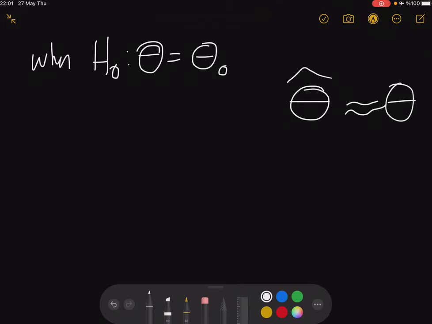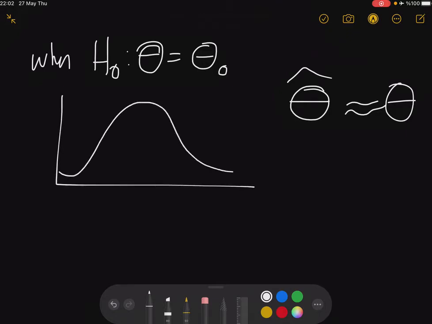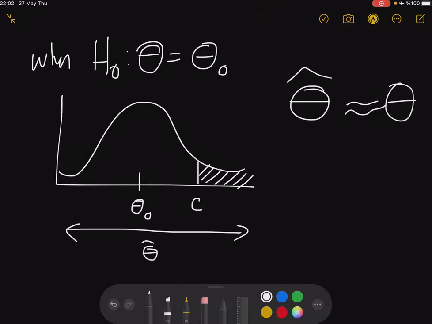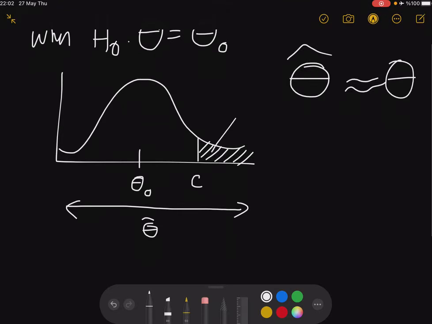So your sample predictions will lie right here. In this sense, if you have a distribution like this, and suppose that your theta 0 is located here, and suppose that this is the threshold value, and this is where your theta hat can take values, that would be your rejection region, which is also your alpha.